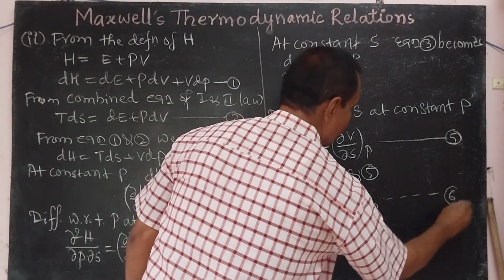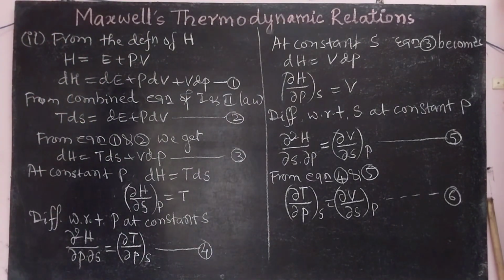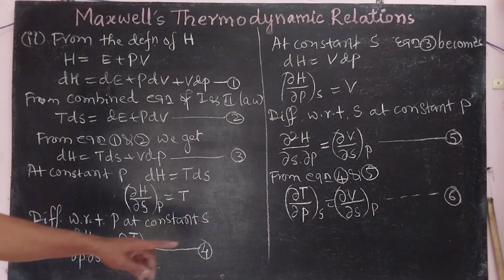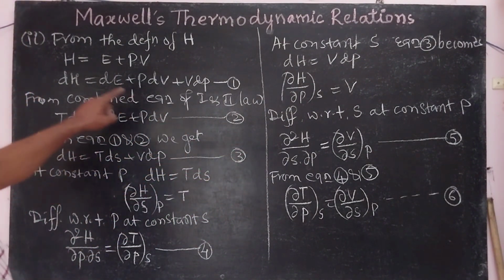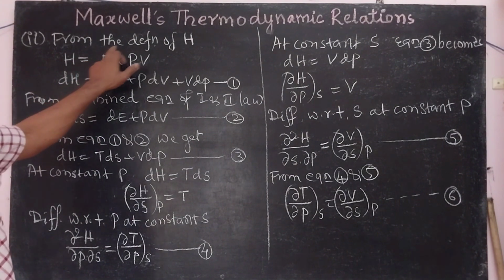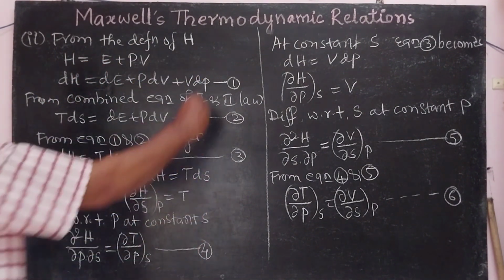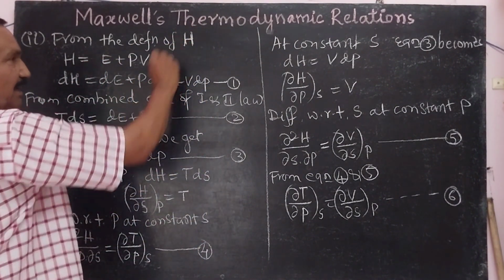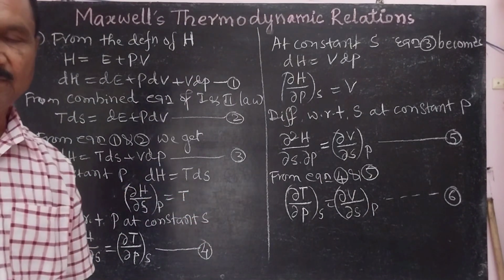Now this is equation 6. Equation 6 gives the relation between temperature, pressure, volume and entropy, which is derived from the definition of enthalpy. We got this equation.